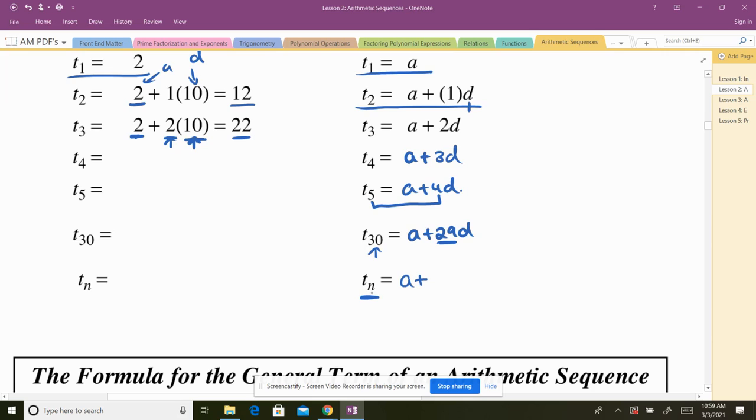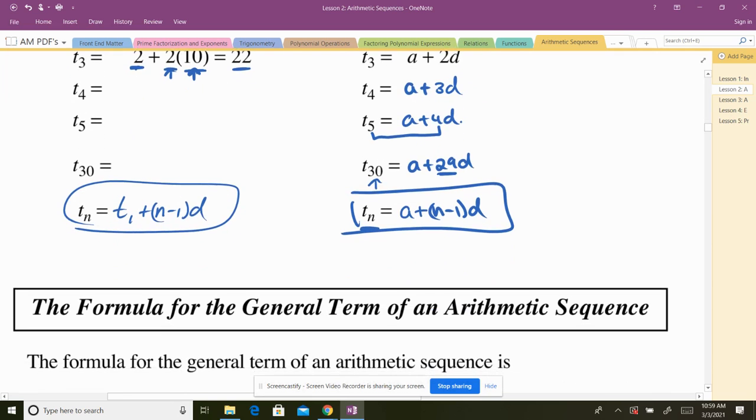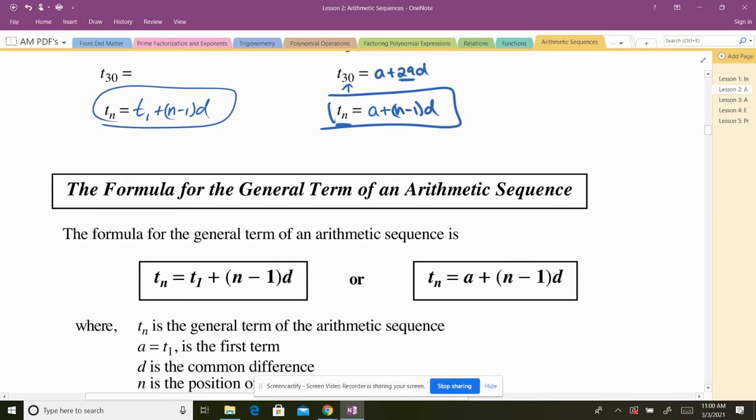So if this is n, what do I write? n minus 1 times D. That is the formula to find any term in an arithmetic sequence. This one over here, they're just writing T1 plus n minus 1 times D. But those are the same formulas. And they are right at the bottom. And just like all formulas in this class, you don't need to memorize them. They will be given to you.